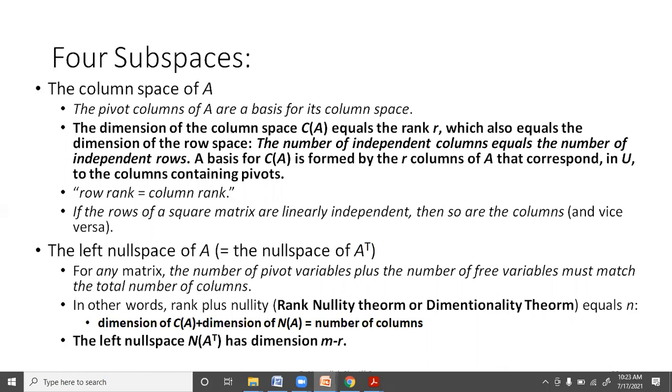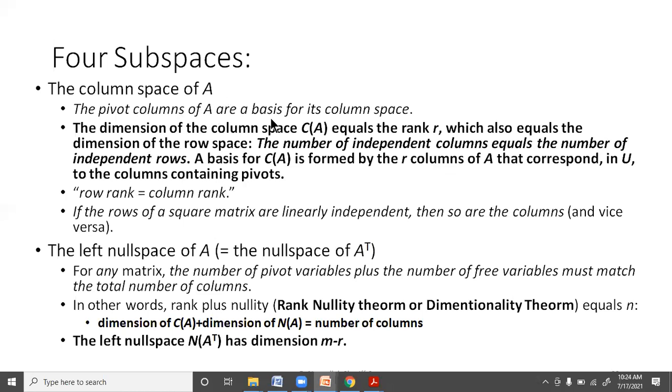Pivot and free columns can be found only after finding U or R. But once we find which is the pivot and which is the free column, we go back to the A matrix, and take the linear combination of those pivot columns to get the column space.